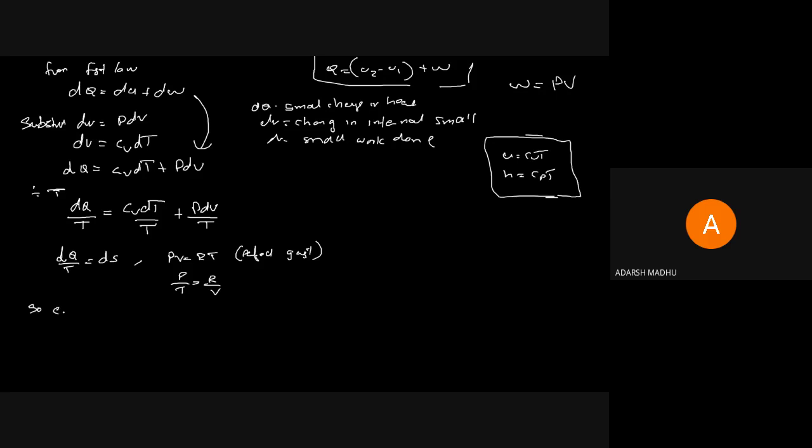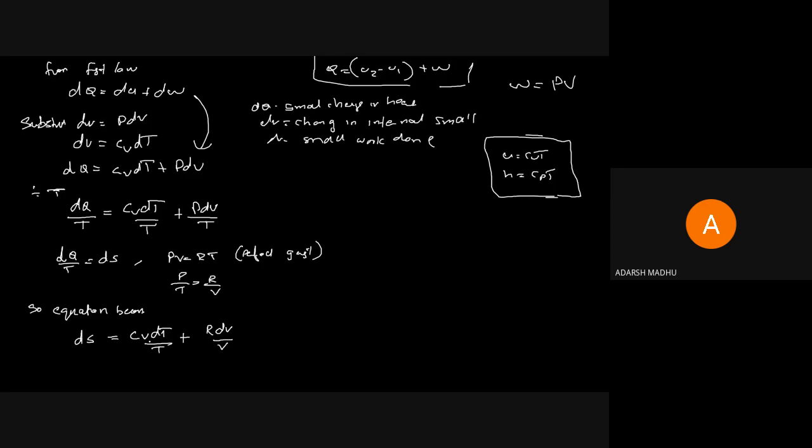The equation becomes ds equal to Cv dT by T plus PdV by T, that is R by v dV, right? R dV by v.